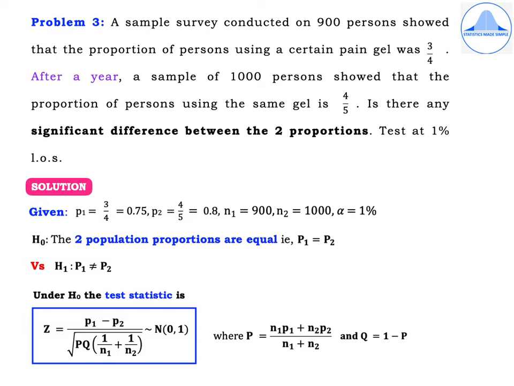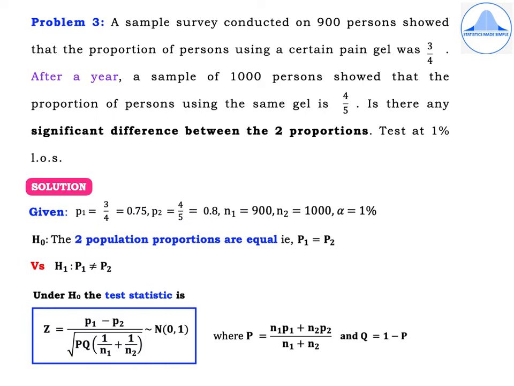Now let us identify what values are given in the problem. Usually once we identify that the test is a test for equality of proportions, we have to find 4 values. The 4 values are N1, N2, then X1, X2, or we need N1, N2 and P1, P2.